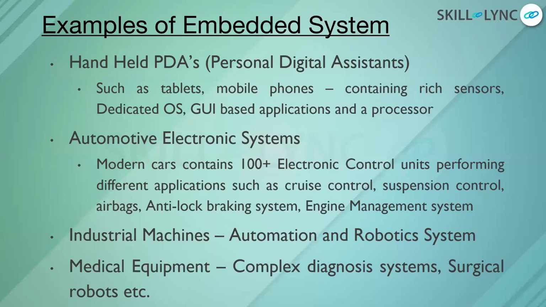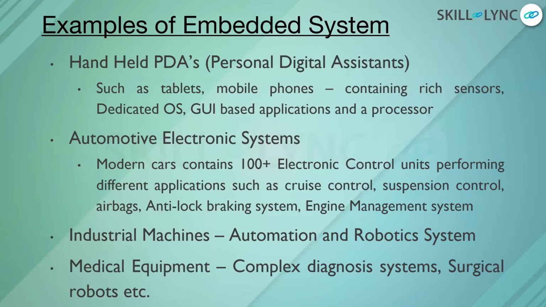Other than this, in automotive electronic systems, you won't believe it, there are more than 100 electronic control units, or 100 plus microcontrollers and microprocessors, sitting inside your vehicle doing multiple functionalities such as cruise control, suspension control, airbags, anti-lock braking system, and engine management system. Even your engine is run with the help of an electronic system.